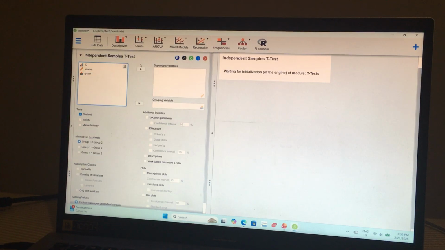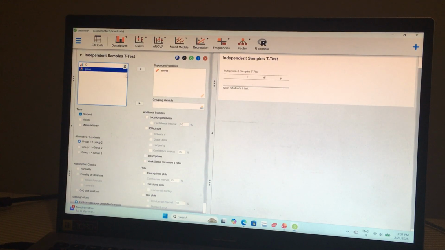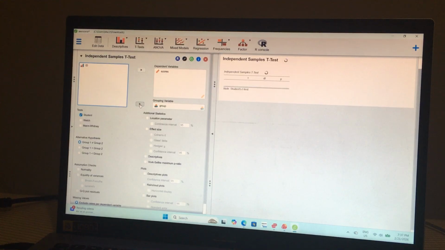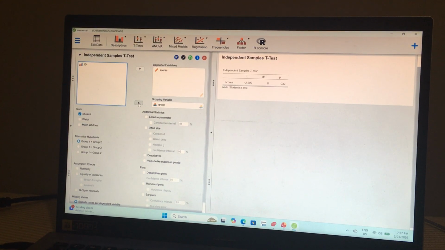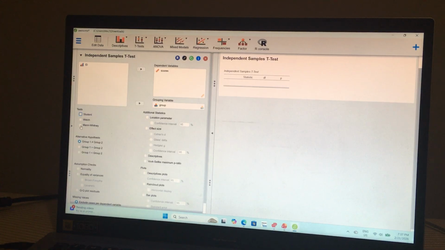We're going to move our scores to the dependent variables box, and then we're going to split it by the grouping variable. So we move the grouping to the grouping variables box. Then under our tests, we are going to uncheck the student t-test, and we're going to check the Mann-Whitney.